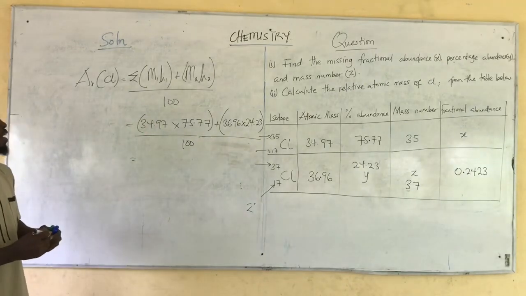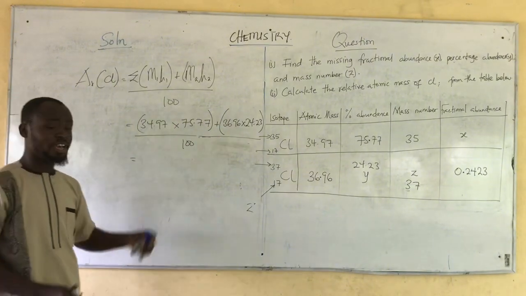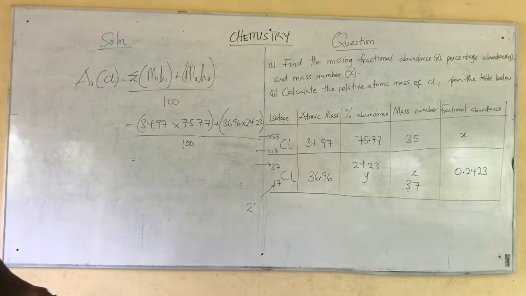Is that okay? So you write information for the first one, and then information for the second one, all divided by 100. Once we get here, it is calculation. So we have 34.97 multiplying 75.77, plus the second one, 36.96 multiplying 24.23, all divided by 100.